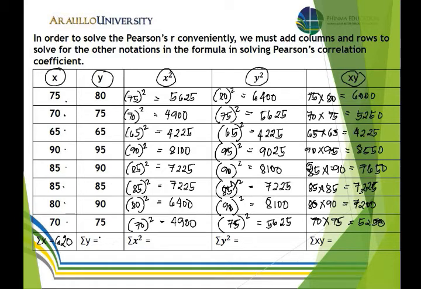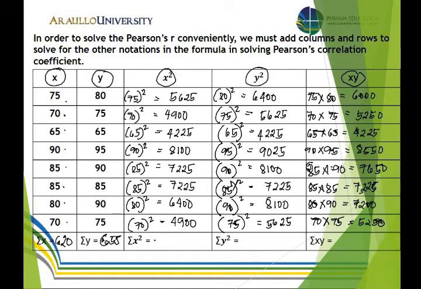Okay. The next summation of y, we have 80 plus 75 plus 65 plus 95 plus 90 plus 85 plus 90 plus 75 is 655. Okay.